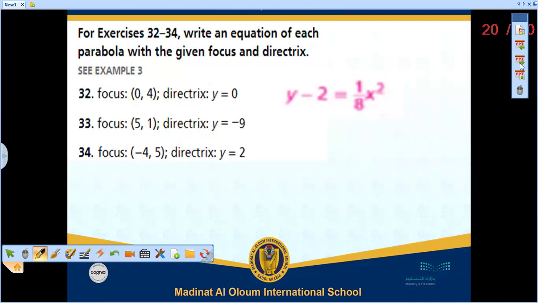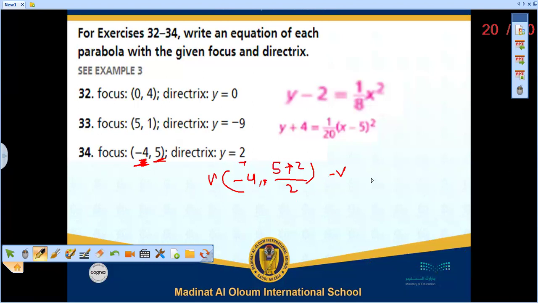Okay. Let's move further. 1 over 20 and you can take 4 to the other side. Now let's do this one directly. My vertex x is the same as the focus, negative 4. And I would make 5 plus 2 divided by 2, which makes 3.5. Negative 4 and 3.5. Now I need p.